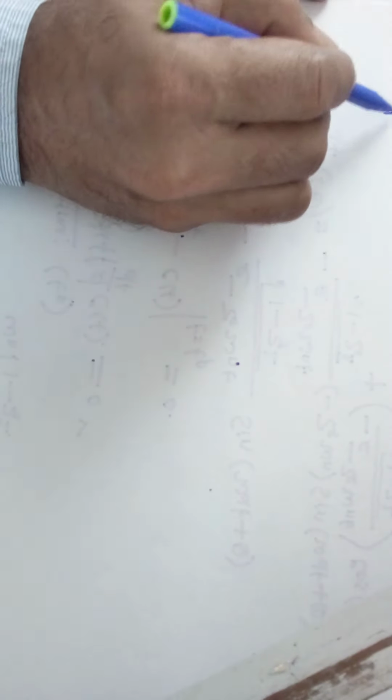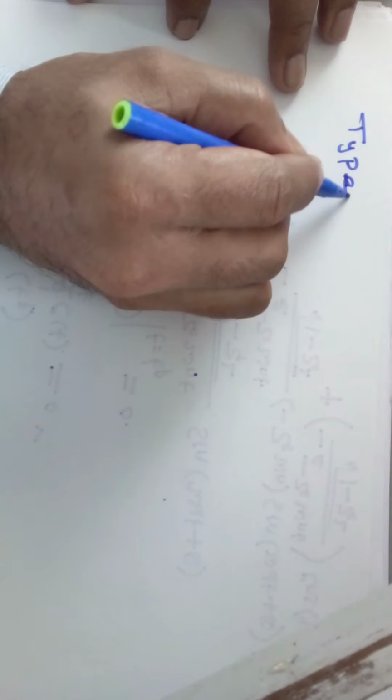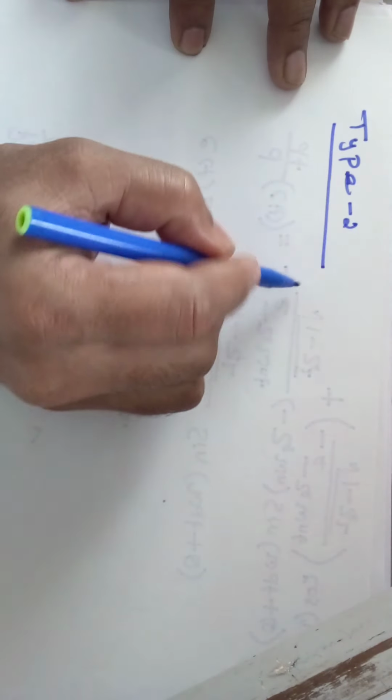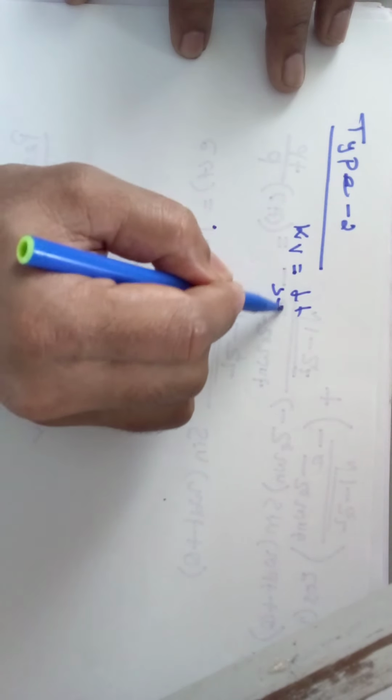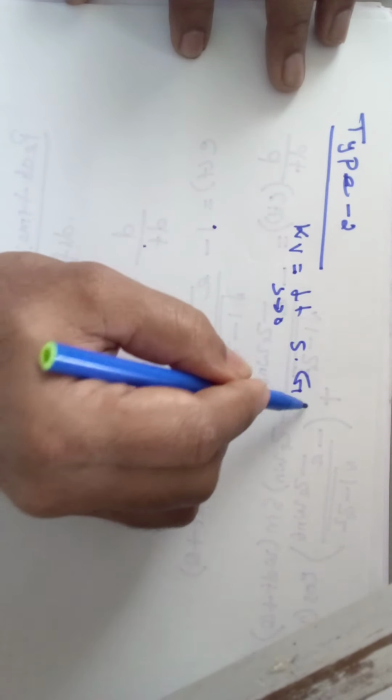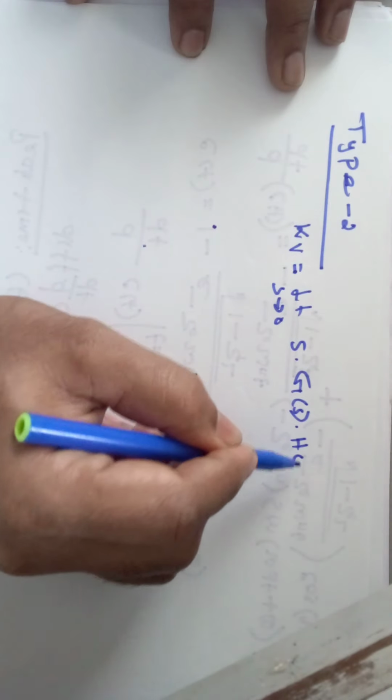See here, for a type 2 system, your Kv is, as usual, limit s tends to 0 of s into G(s) into H(s), right?